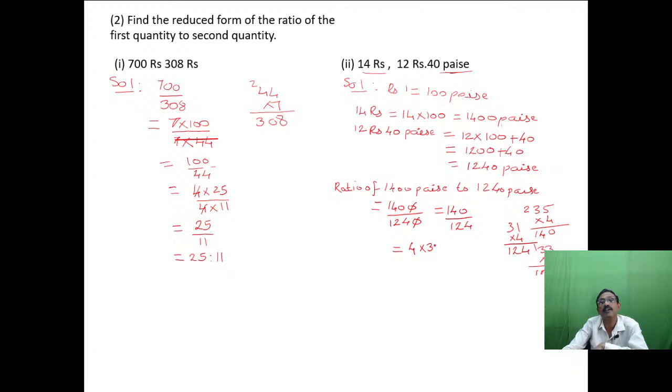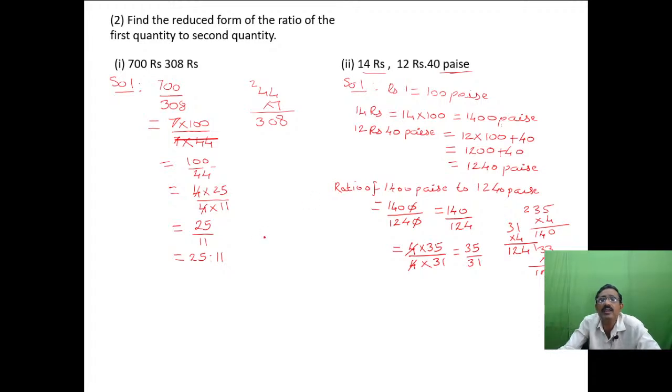That means if I take the 4 times table here, 4 into 35 gives me 140. And what is 124? Same, 4 into 31. 4 1s are 4. And what I get from here? I get 35 upon 31.